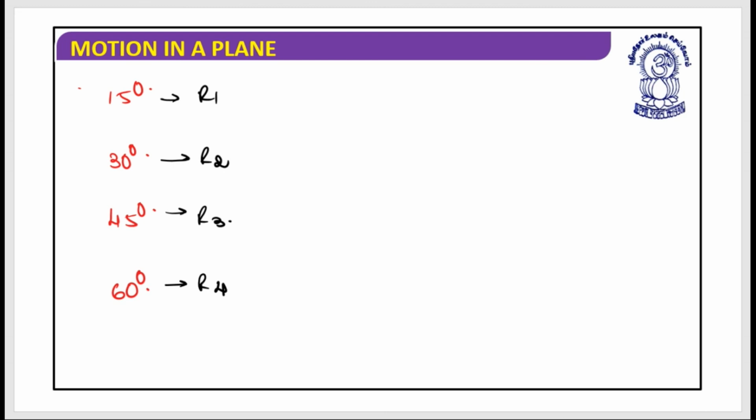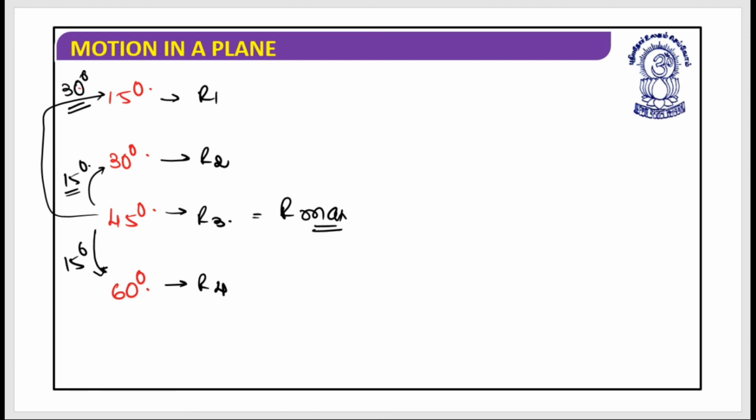And this R3 is the maximum range. So if I try to find out the variation from this maximum range, this is a 15 degree variation, even this is a 15 degree variation, and from maximum this is a variation of 30 degree. So higher the variation, lesser would be the range, because this is the maximum range.